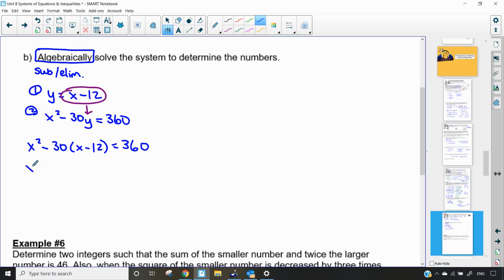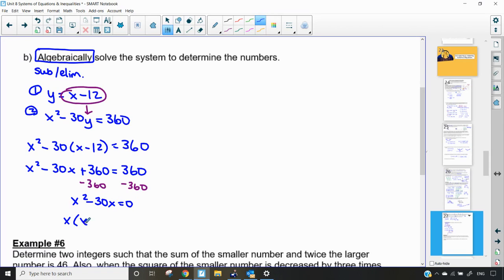We're going to simplify. Remember to bring that negative through, so negative 30 times negative 12 is positive 360. And subtracting 360 from both sides, these are going to cancel out and I'll be left with 0. So that gives me x squared minus 30x equals 0.